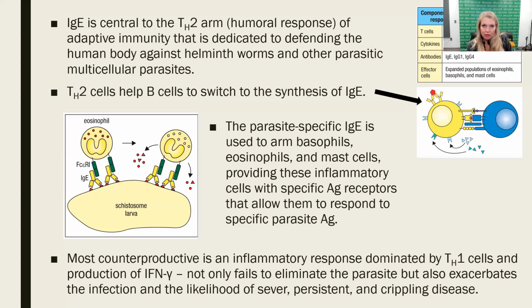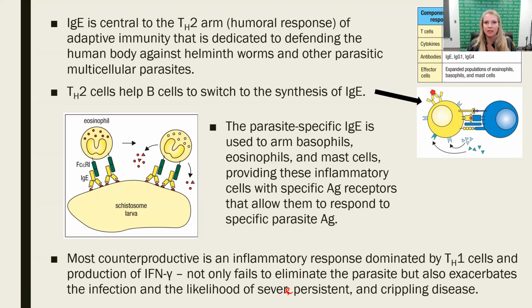An inflammatory response that we see with the T helper 1 is not ideal for parasites because interferon gamma can be very destructive. High inflammation isn't going to help eliminate the parasite in the long run, but it can actually cause more tissue damage, disease. This should say severe.